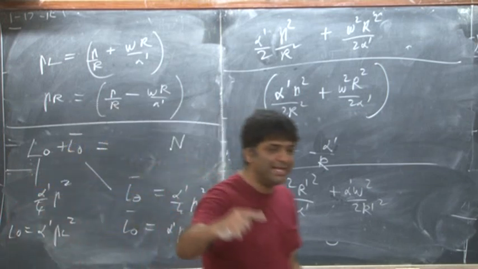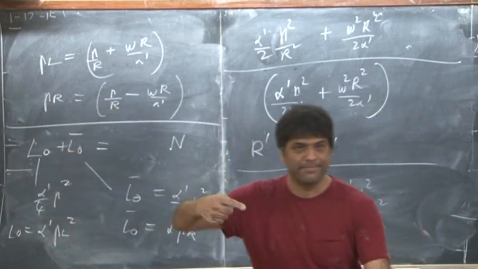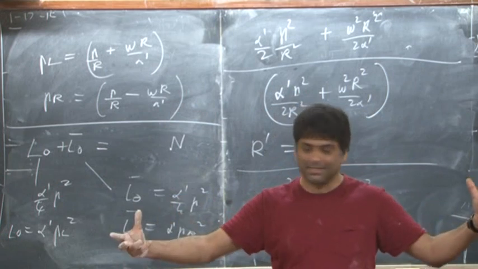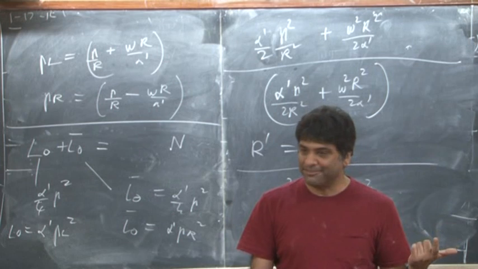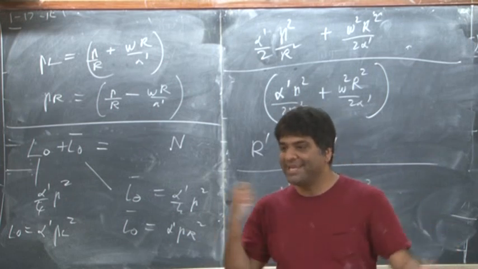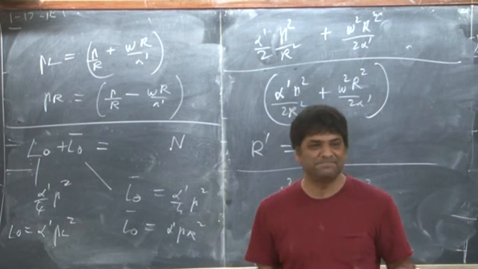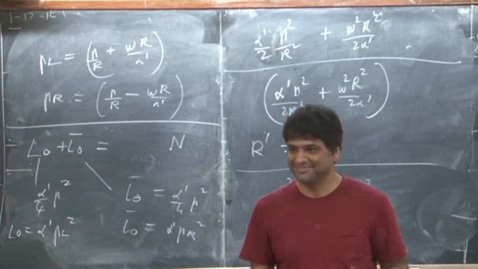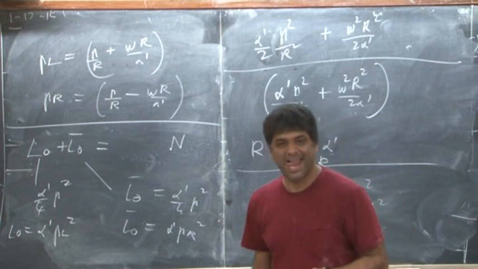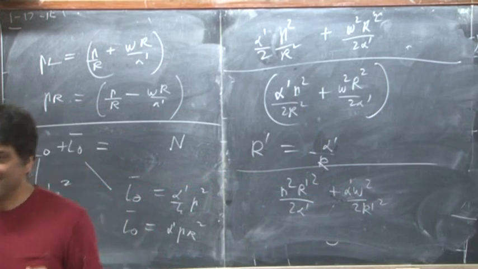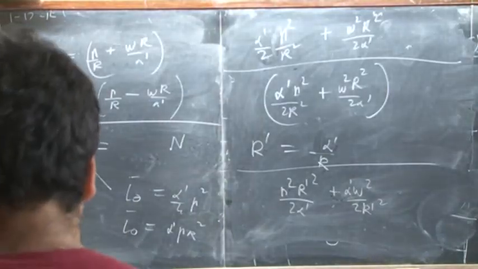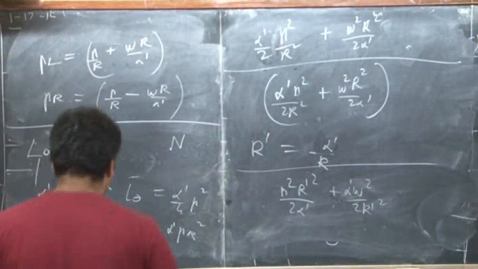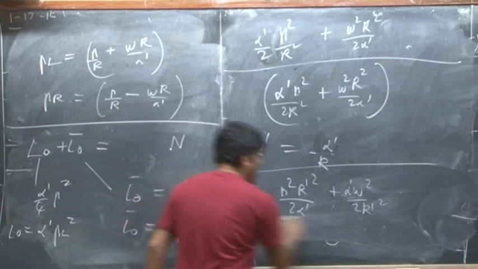A state with n units of momentum and w units of winding in the first circle has the same energy as a state with w units of momentum and n units of winding of the second circle. Is this clear?